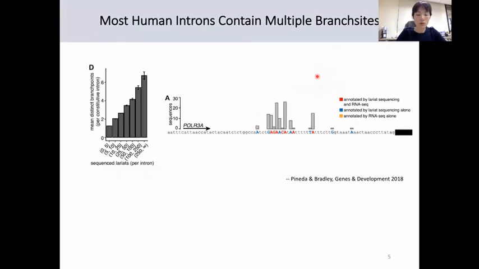A lot of effort has been spent, and the scientists found that the more sequence you get per intron, the more lariats you get per intron, then the more branch points you can detect per intron. So basically it's saying if you sequence deep enough, then ultimately you will get multiple branch sites in almost all human introns. So this is one example. They show in a single intron, they detected more than 10 branch sites.